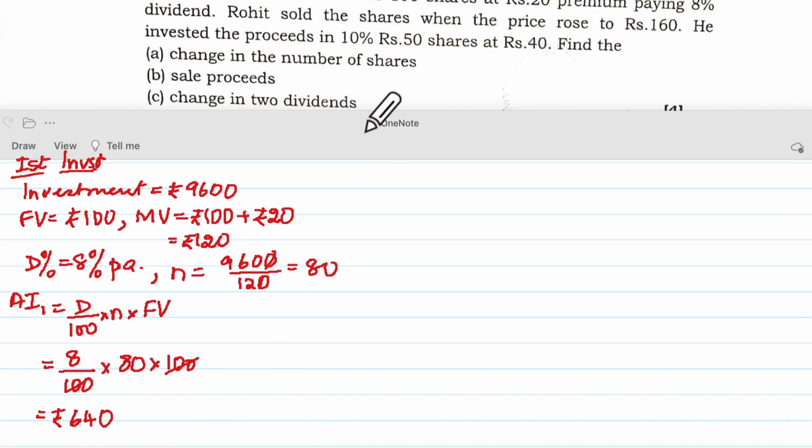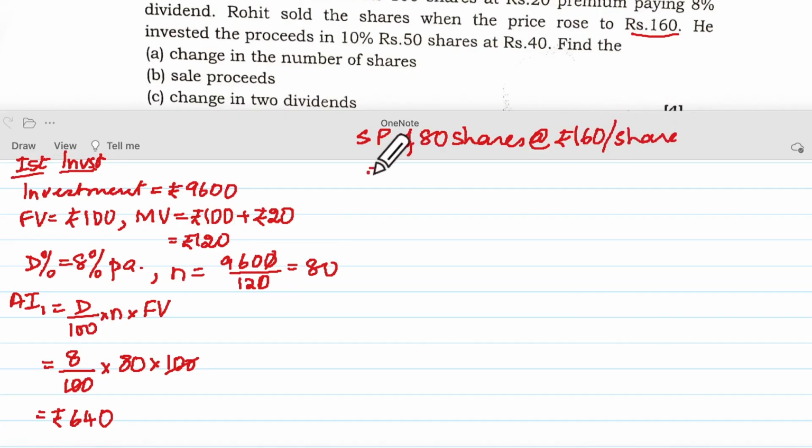But then he's selling. So the sales proceeds means SP of 80 shares. What is the price at which he's selling? 160. So write at rupees 160 per share. And that will be equal to 80 multiplied by 160.